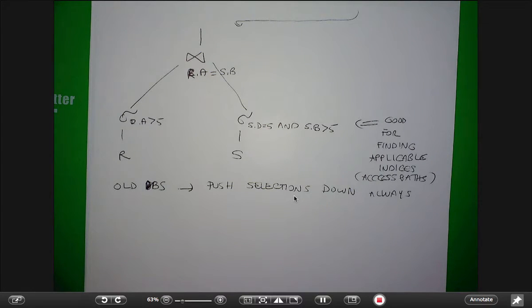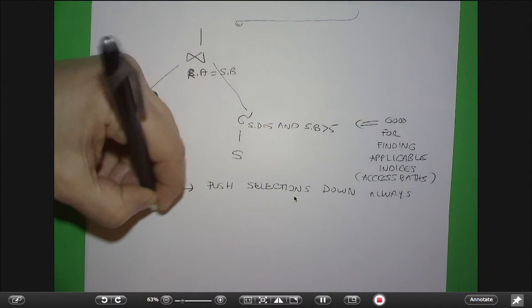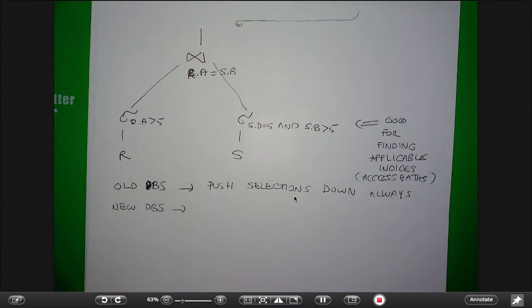So new databases decided that instead of using a heuristic, which is the old class, what we are going to do is include this as a potential way of implementing this query, and then look at different plans and find the one that is least cost.